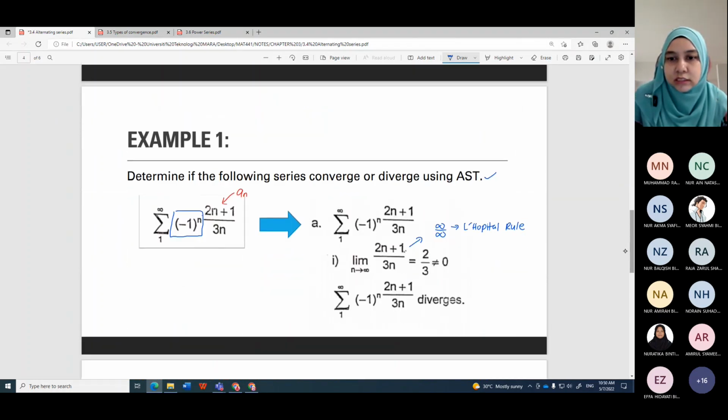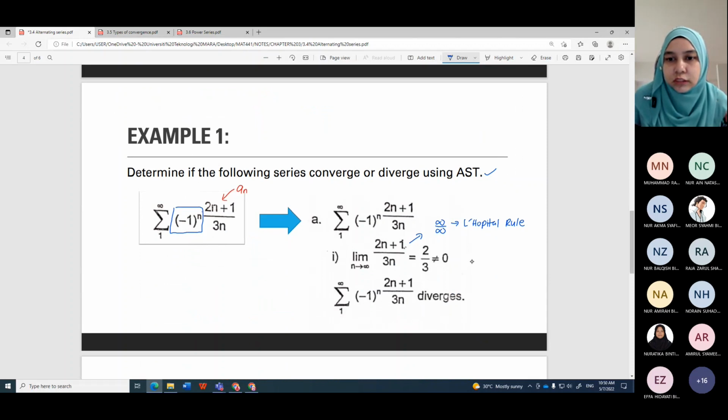Since this limit is not equal to 0, therefore it diverges. So we make the conclusion: this series, negative 1 to the power of n times 2n plus 1 over 3n, diverges.